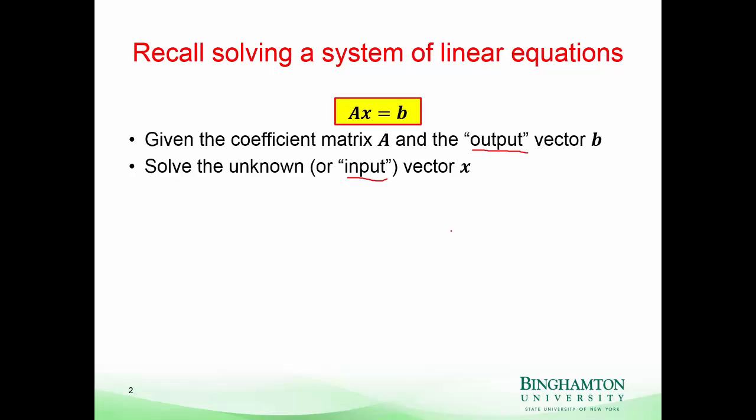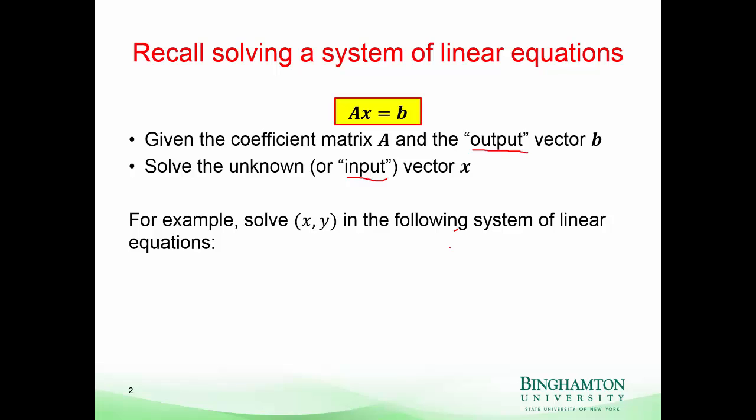In a circuits problem, A characterizes the structure of the circuit, B characterizes some known or measured voltages, and X is the unknowns that we're trying to solve for. So we'll take a look at this example where we're trying to solve for x and y.